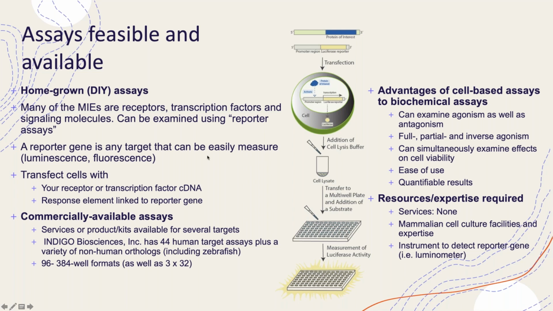And this would change in activity when you activate or interact with your molecular initiating event. Your reporter gene can be anything that's easily measurable. These could be something that's fluorescent or luminescent, but it has to be something that is able to be easily detected and has a high throughput format.